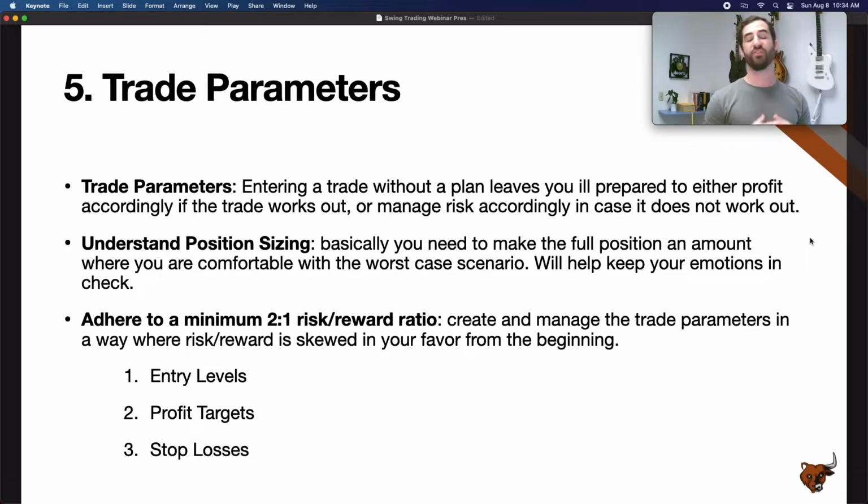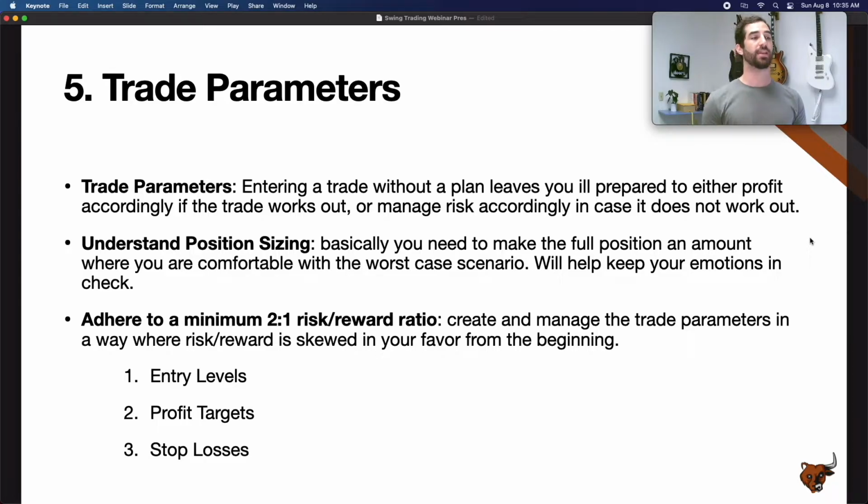Also very important, adhere to a minimum 2-to-1 risk reward ratio, because that guarantees that even if you're right only 50% of the time, because your wins are bigger than your losses, you still come out with a positive result. So always use the tools we are talking about here to skew this risk reward ratio in your favor as much as possible.